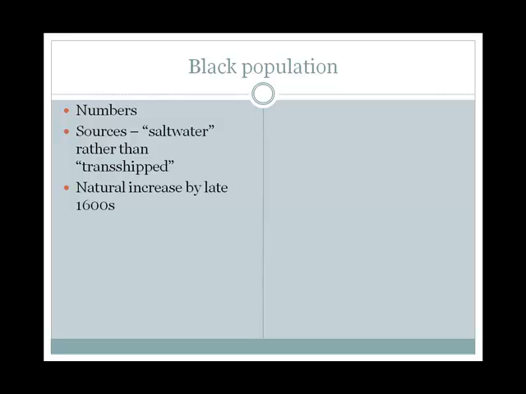The black population in colonial North America by the late 1600s is increasing through natural increase rather than through the infusion of more and more Africans, people coming directly from Africa. Now, this is a key difference between what is happening in the colonies and in South America. In South America, the increase in the slave population and the black population is brought about because you're constantly bringing over more and more people from Africa.